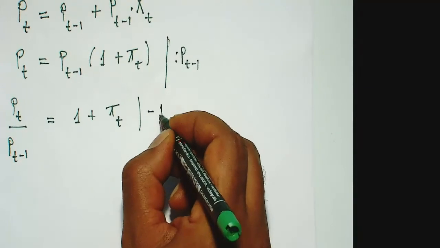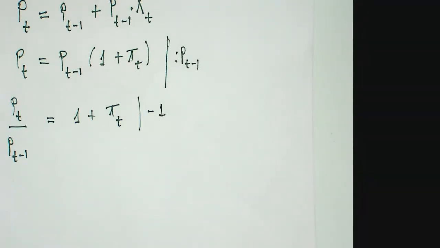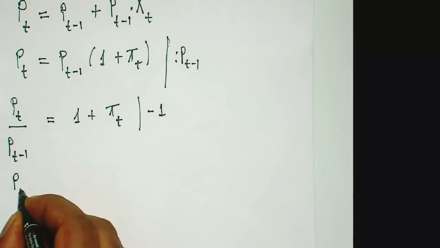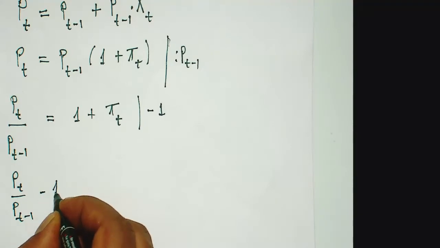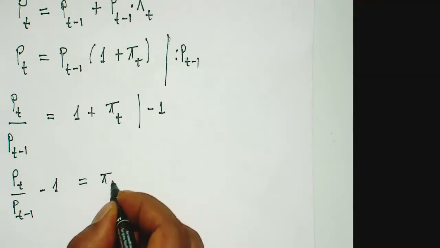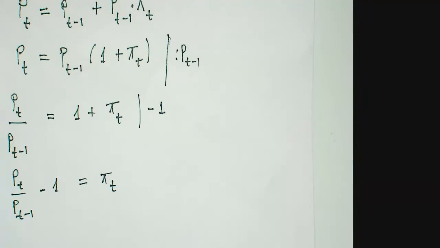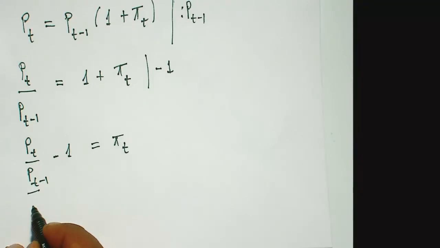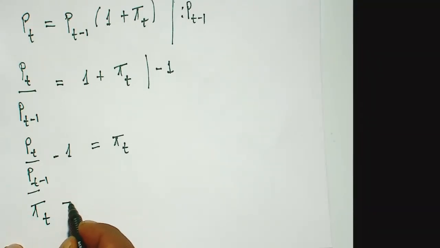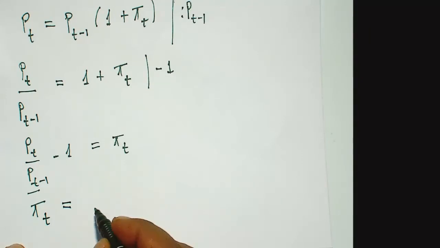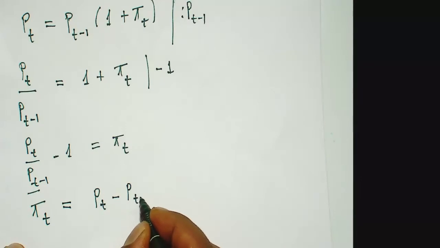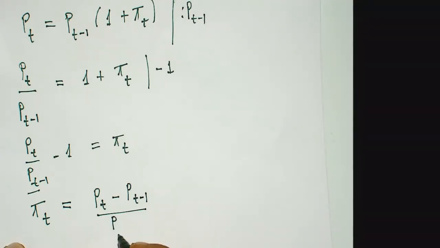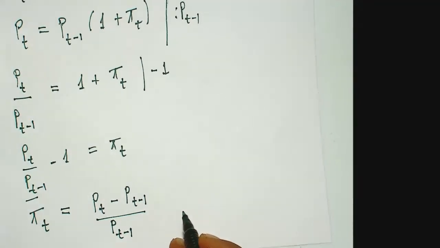And if we subtract 1 from both sides, we would have price at t divided by price at t minus 1, minus 1, is equal to the inflation rate at t. Rewriting this left-hand side would finally give us a formula which says inflation at time t is equal to price at t minus price at t minus 1, divided by price at t minus 1.